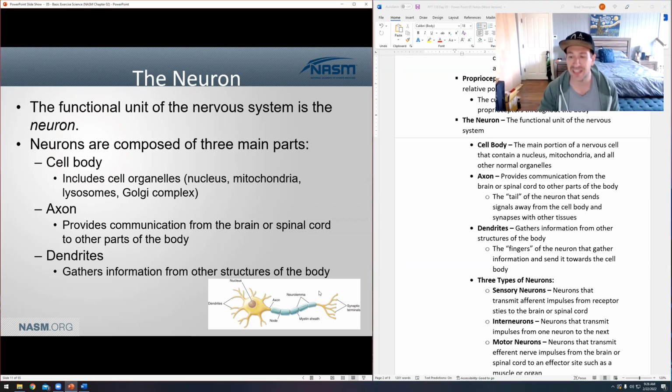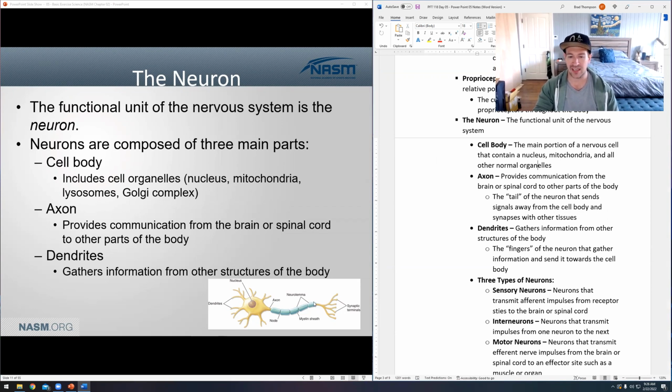Those are called your dendrites, right? Dendrites are going to gather information from other neurons and stuff. So they are actually providing the network from neuron to neuron to neuron, or maybe neuron to muscle or neuron to gland or whatever, right? So dendrites are the little fingers, and then the axon is the tail, right?